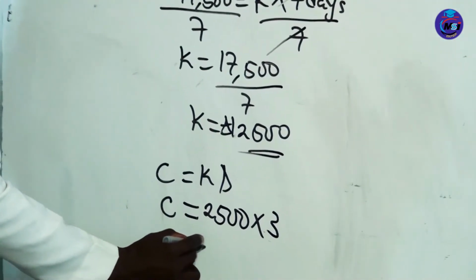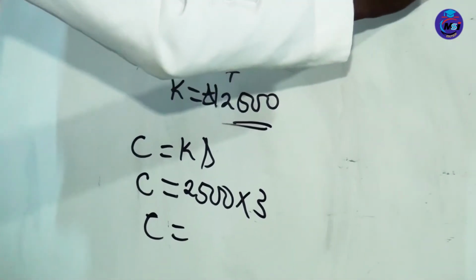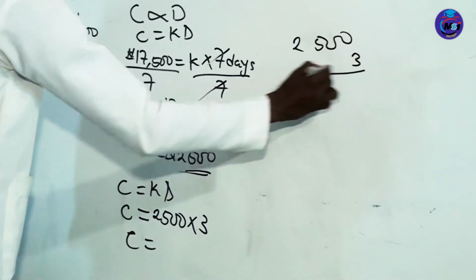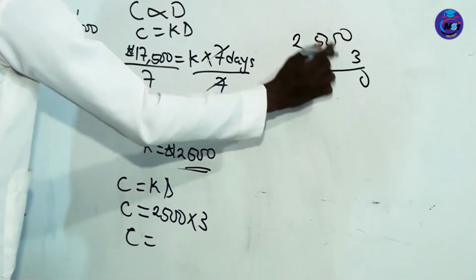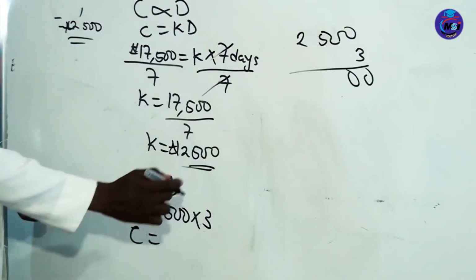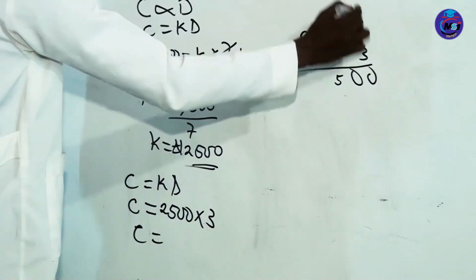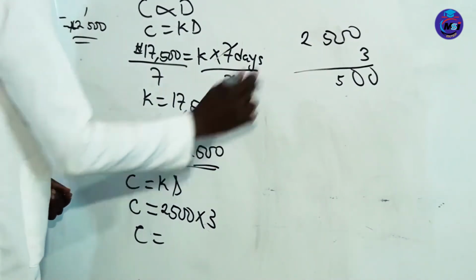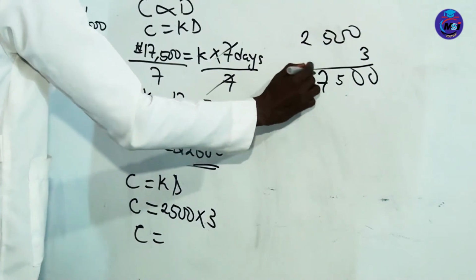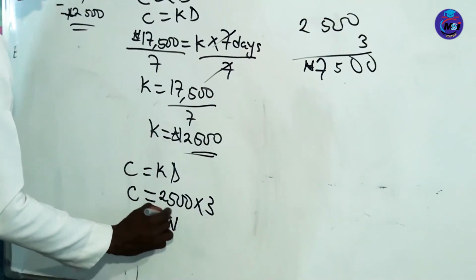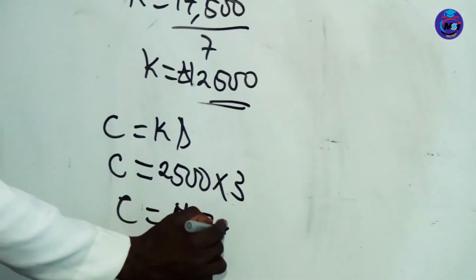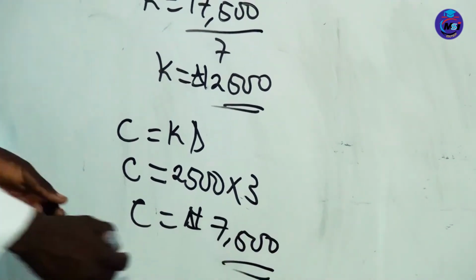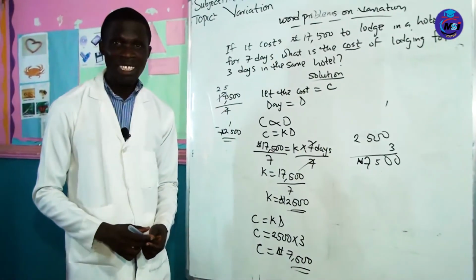So this one will give us 2,500 multiplied by 3. 3 times 0 is 0. 3 times 0 is 0. 3 times 5, 15, 5 remainder 1. 3 times 2, 6, plus 1, 7. So it's going to give us 7,500 naira. So great. So excited.